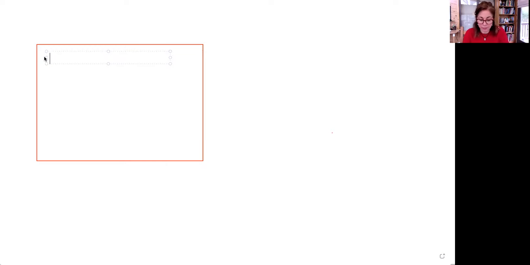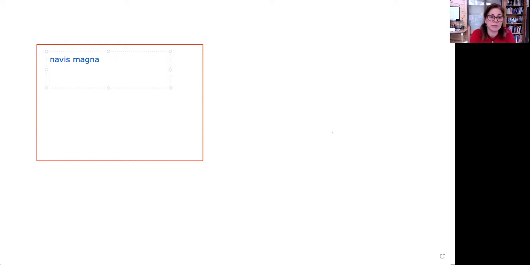So for example, if you want to say a great ship, navis magna, but navis and magna don't have the same endings because they belong to different declensions, different families.